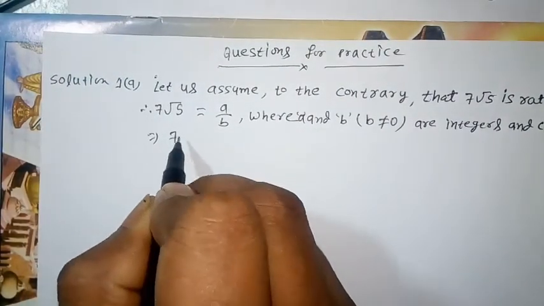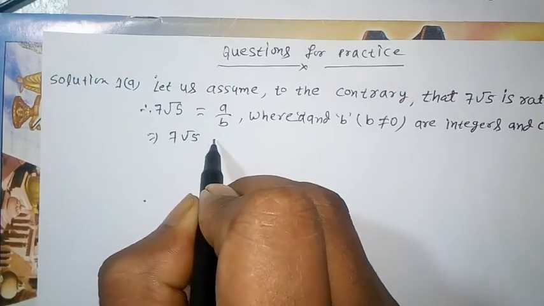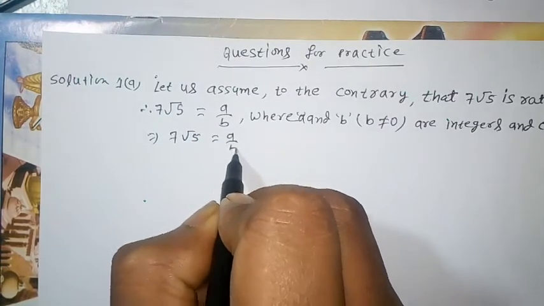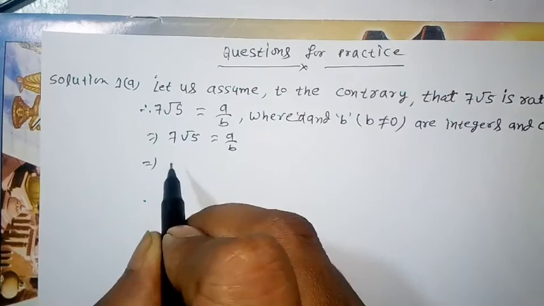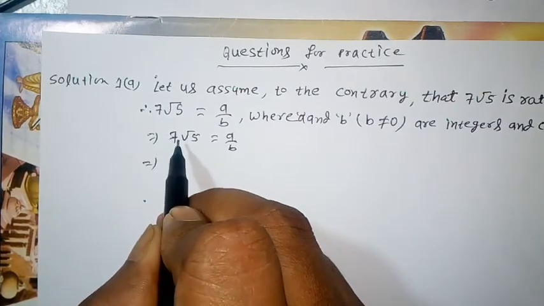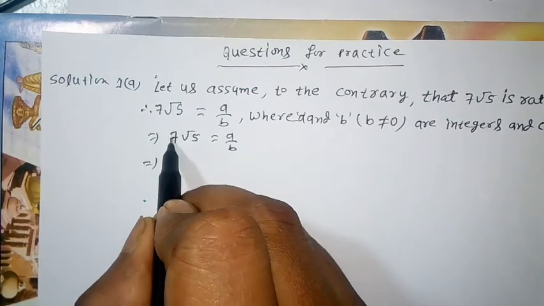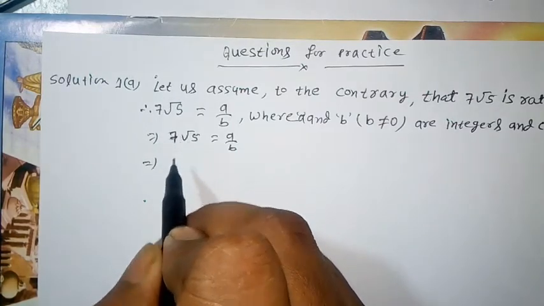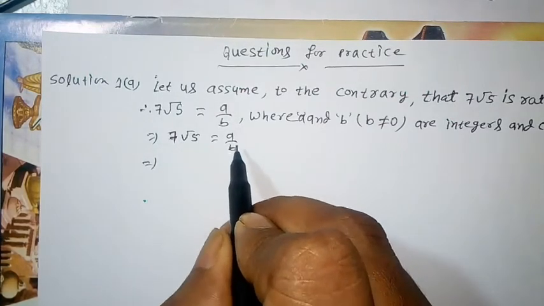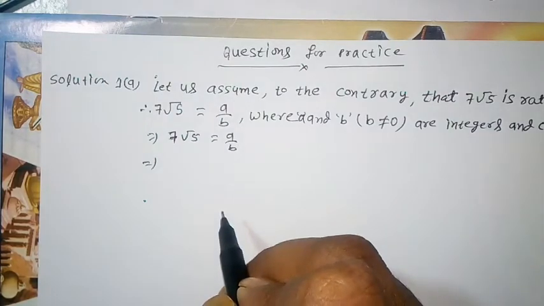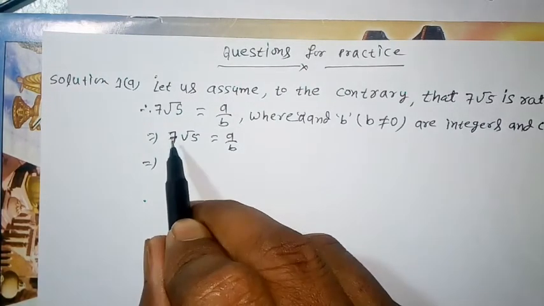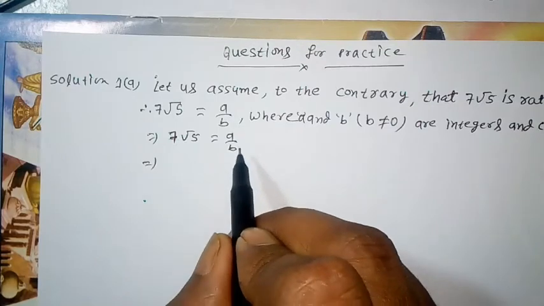Implies 7 root 5 is equal to a by b. Implies 7 is here, 7 is multiplied by root 5. So when 7 goes to the other side, then the multiplication becomes division on the other side.